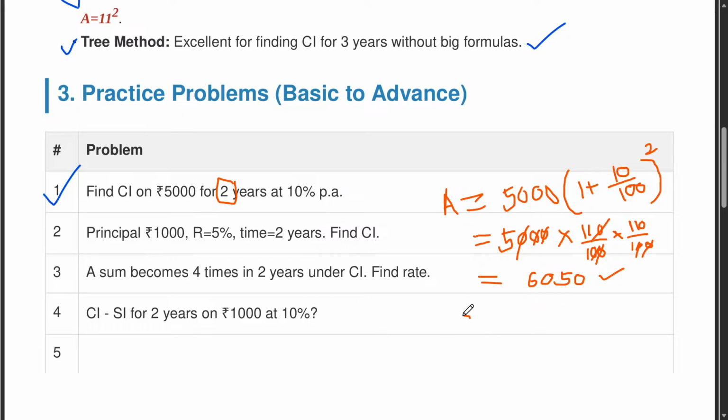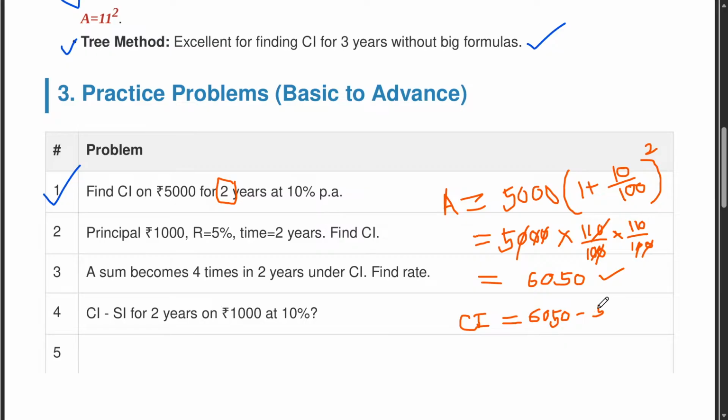So what is the CI? CI is equivalent to amount minus principal. So the amount is 6,050 rupees and the principal is 5,000 rupees.